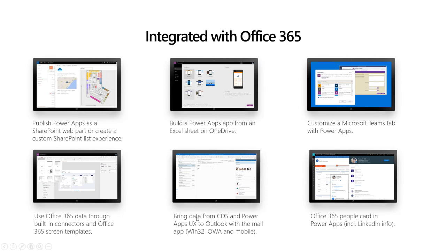You can also bring the data into your CDS, and also the Power App interface into the Outlook itself, the Outlook Online, or you can embed the Office 365 people card into the Power App, including some LinkedIn information if you want to connect to LinkedIn.